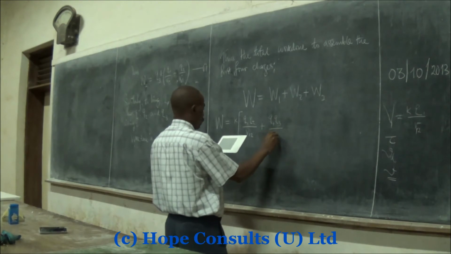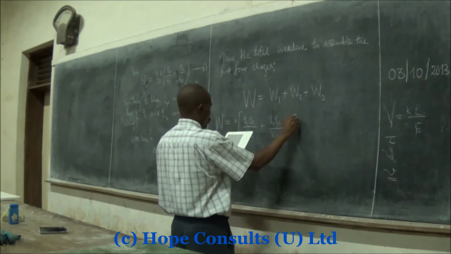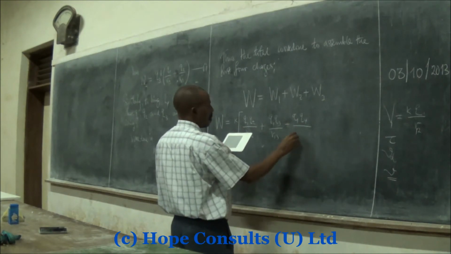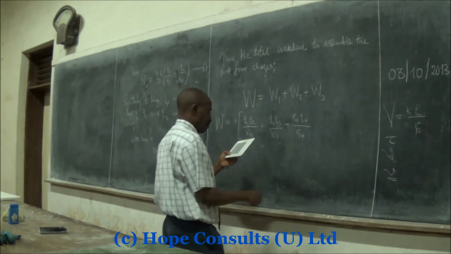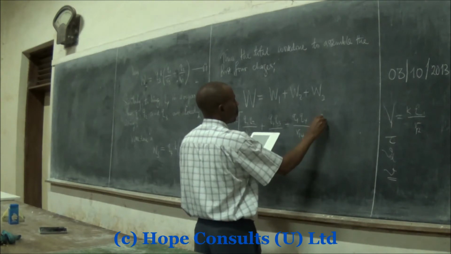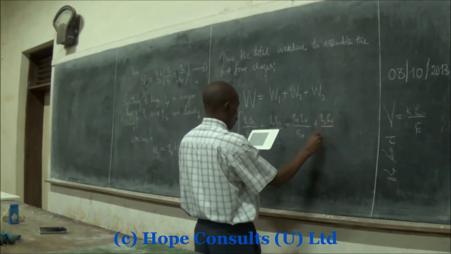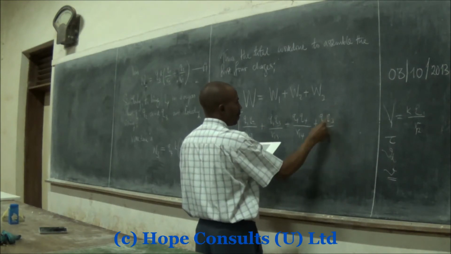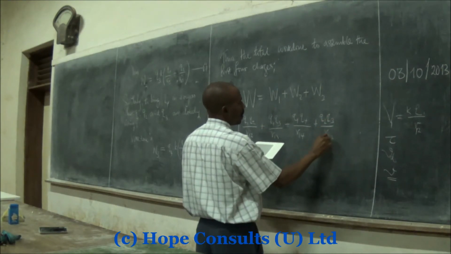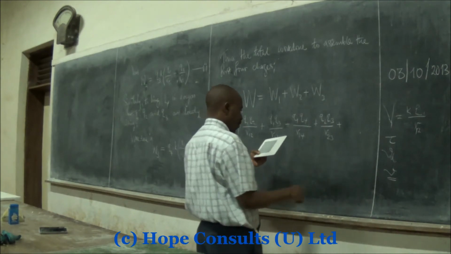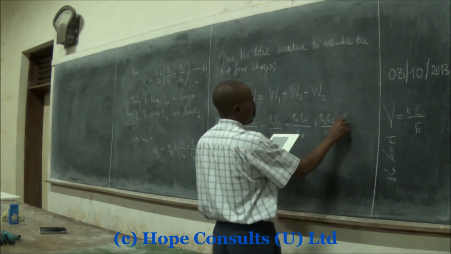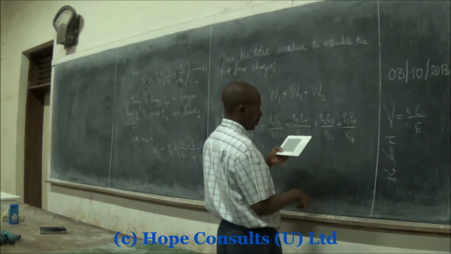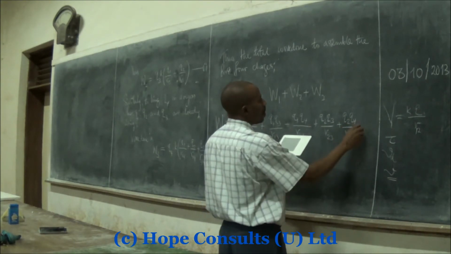This would be R13 plus Q1, Q4 over R14, and then it will also be Q2, Q3 over R23 plus Q2 goes with 4, R24, and then we are left with the 3 and 4.